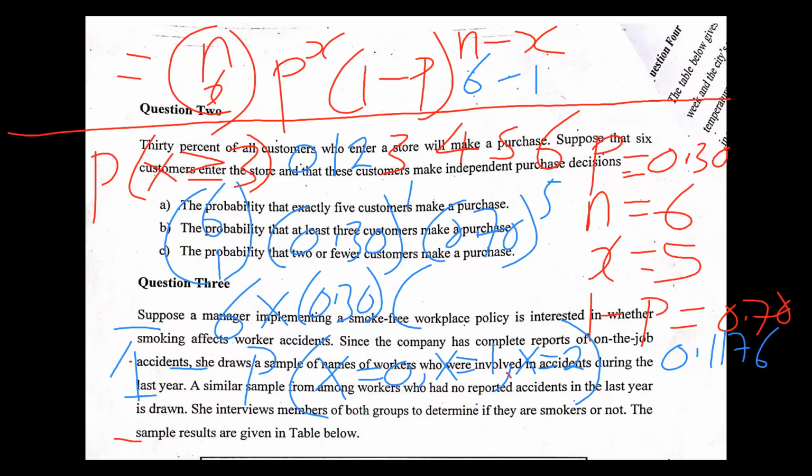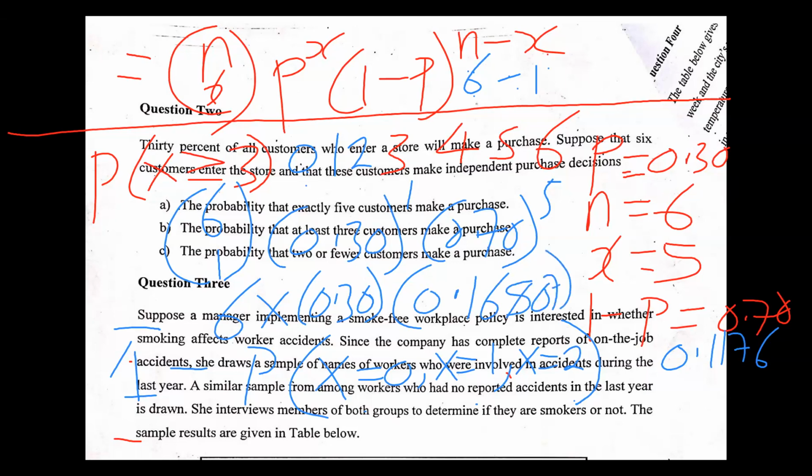What do you find? 0.70 to the power 5 is 0.16807.